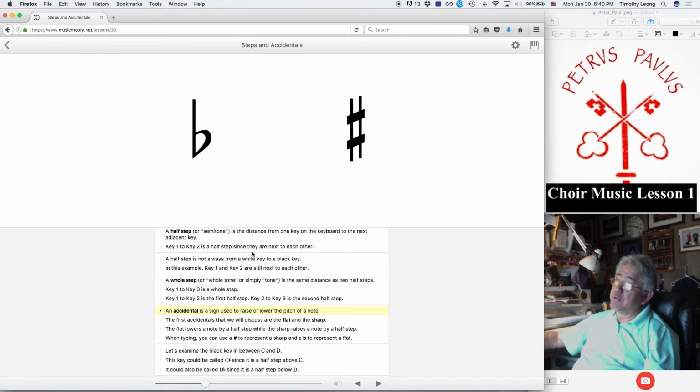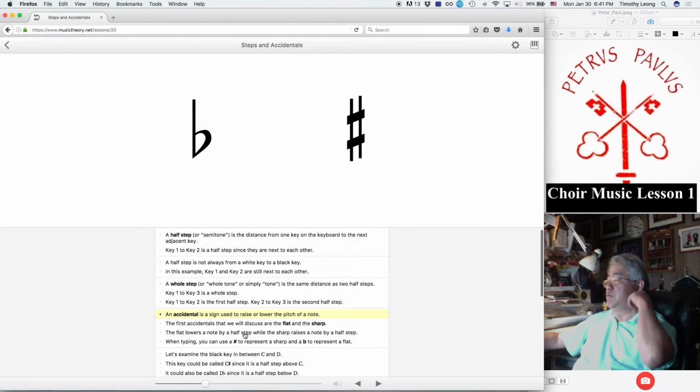Now, if you wanted to go a whole step from a sharp, it would probably be a note with another sharp. Similarly with a flat, it would probably be in the next note with a flat. So you would be able to actually hear what you're singing by looking at what you're singing. And these are just the pitches, because music has two basic elements, which is time and pitch, or tone, time and sound.